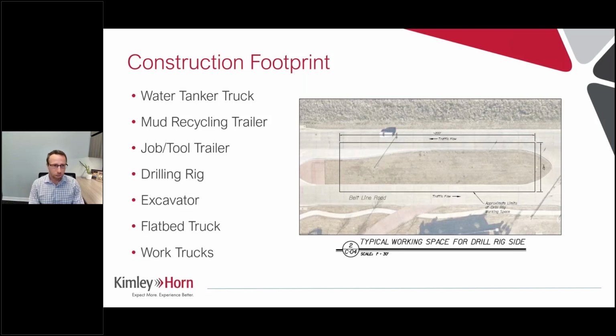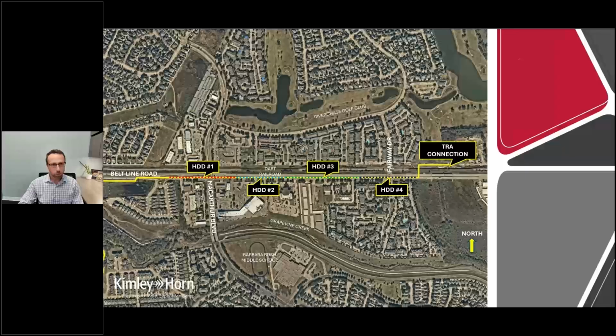And so for those of you who have done HDDs before, you know that it's not just the drill rig that goes into it. It's a lot of these other things like I've got listed here on the screen. And so in our case, since we were limited to the median and we were pretty narrow, we really had to linearize a lot of this stuff. And I'll show you some pictures that show you how this was achieved during construction.